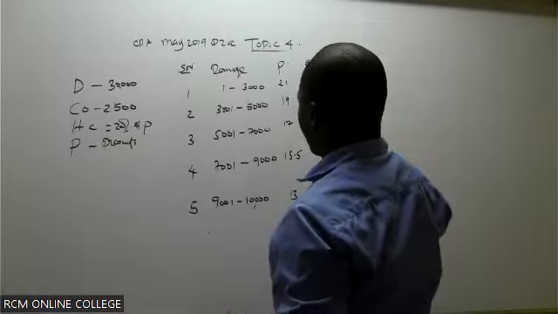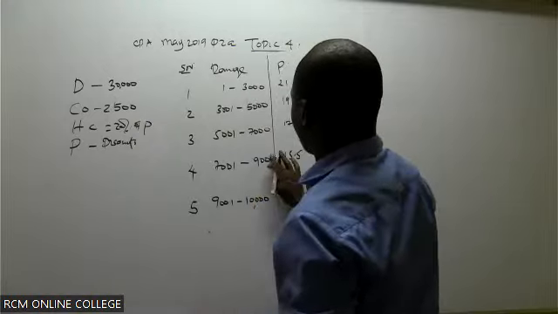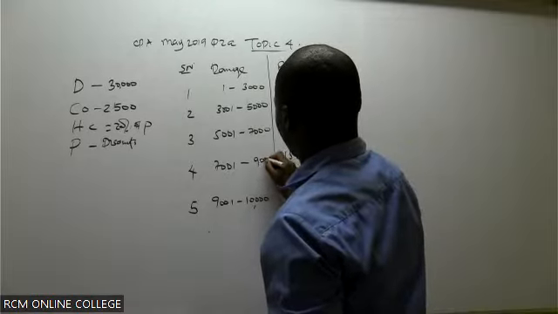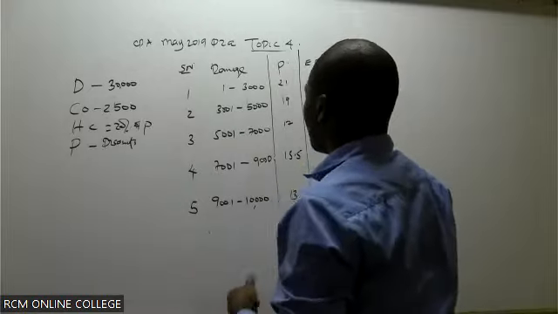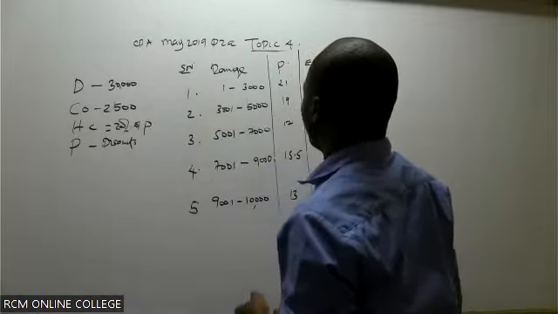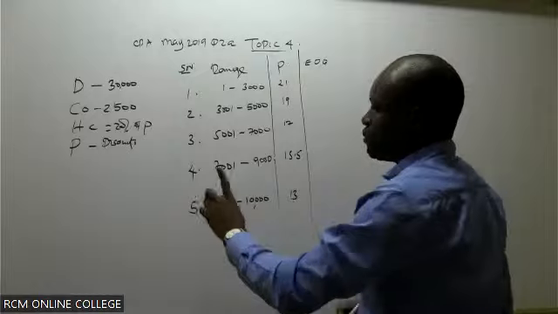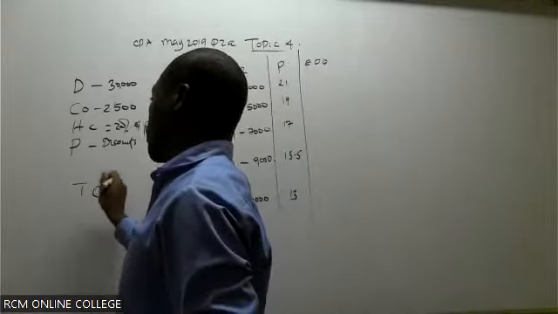For each, after calculating the economic order quantity, we should be able to come up with the real economic order quantity, the one we are going to apply for us to be able to get the total cost. Our interest here is to come up with the total cost.